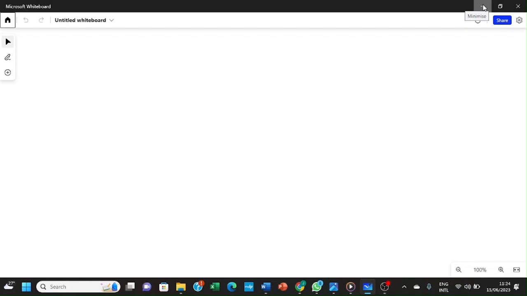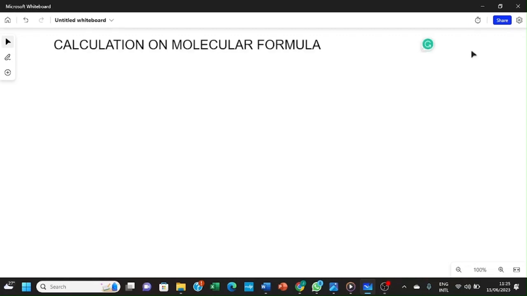So today we want to look at calculation of the molecular formula, how we can calculate the molecular formula of a compound.